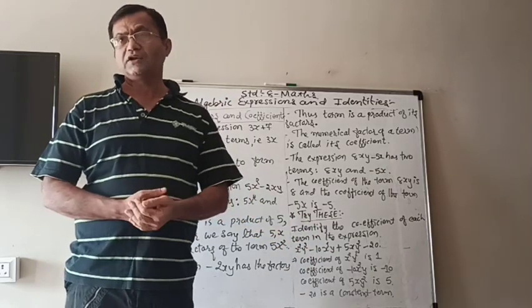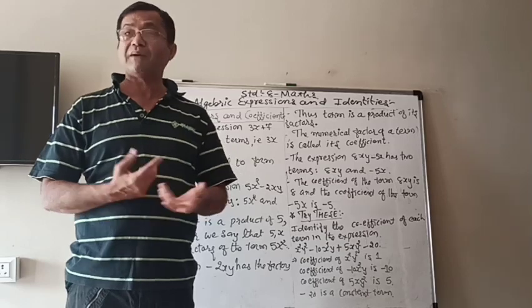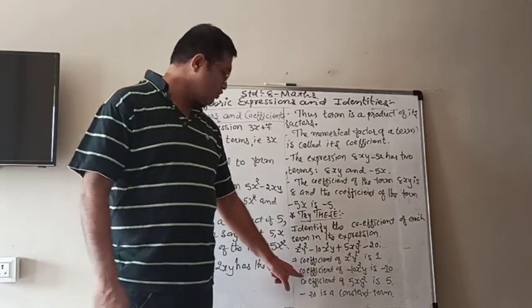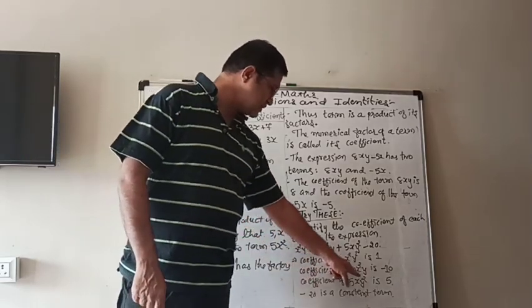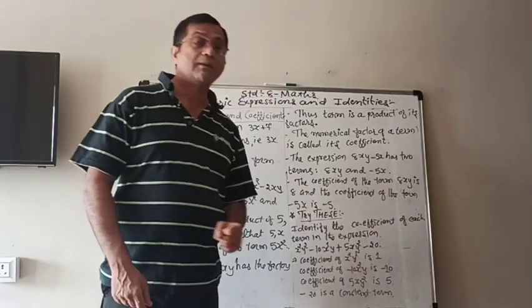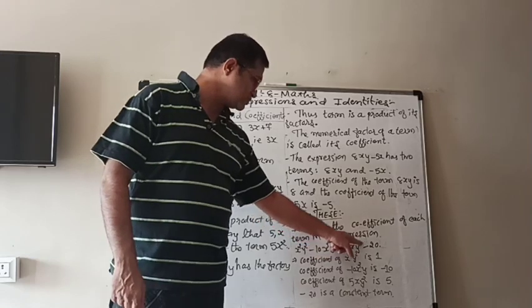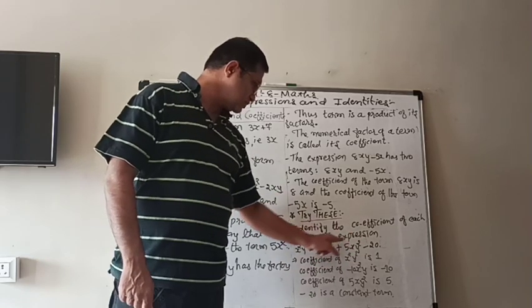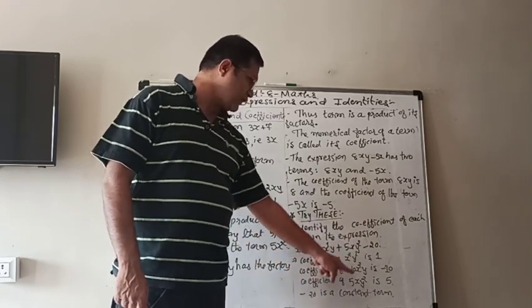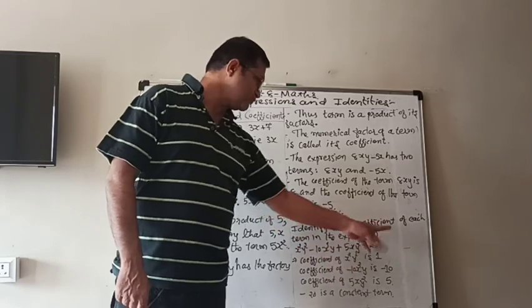So which is the numerical factor of it? Minus 10. So the coefficient of minus 10x square y is minus 10. Third term is 5xy square. So 5 is the factor. So coefficient of 5xy square is 5.